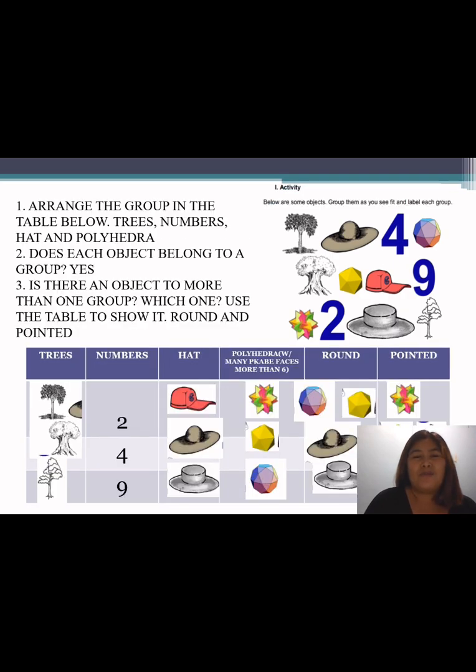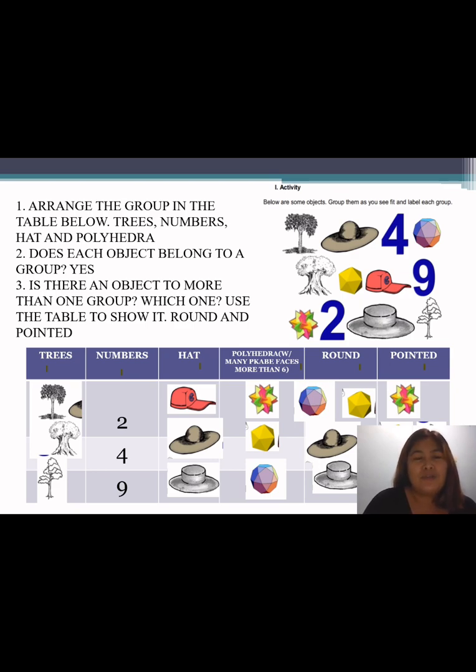Using this figure, as you can see, we have 1, 2, 3, 1, 2, 3, 4, 5, and 6. We have 6 groups. What are those? Trees, numbers, hat, polyhedra, round, and pointed.